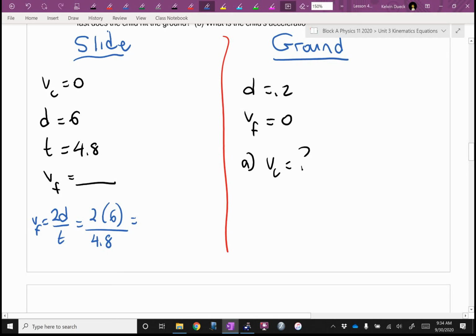Question? Danvir, it's a good question. That's VF equals 2D over T. That's what you get for sitting in the back row. It's going to be 12 over 4.8. Is it 0.25? Yes, 2.5. Moved the decimal wrong.